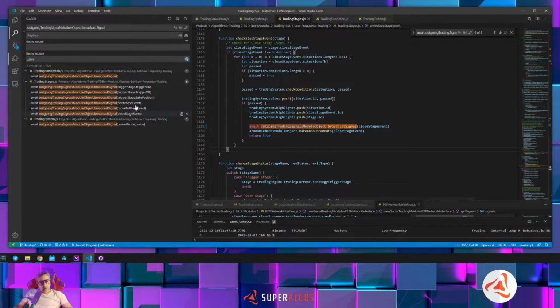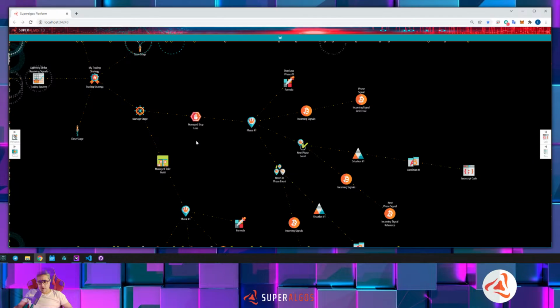Okay, so these were the events that we were talking about. Next phase, move to phase, close stage. What about the open order event, for instance?